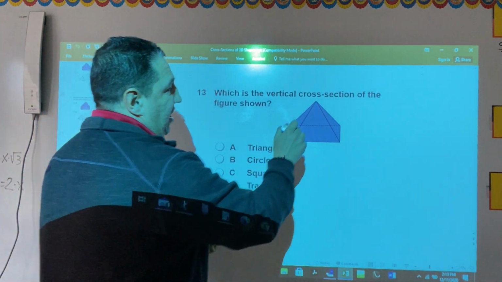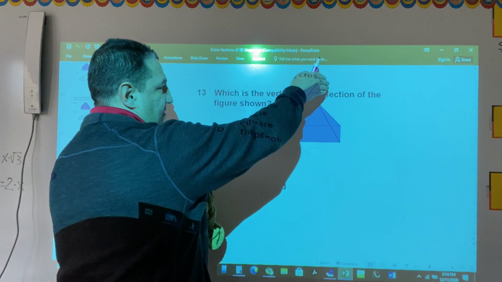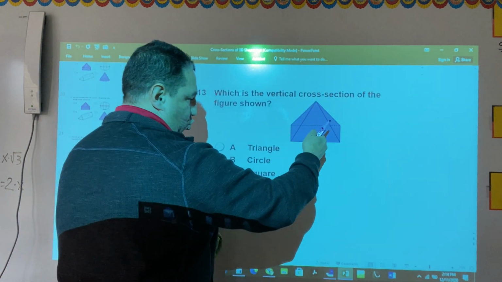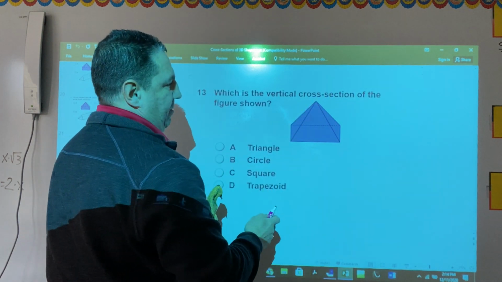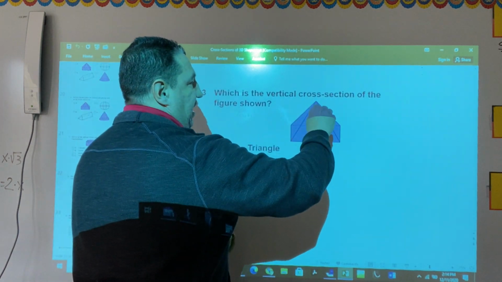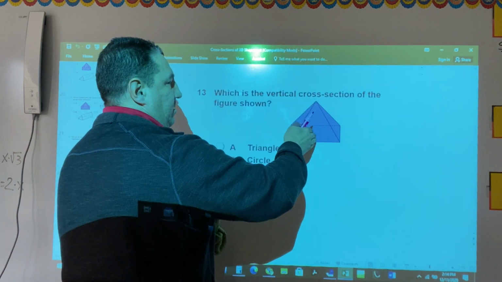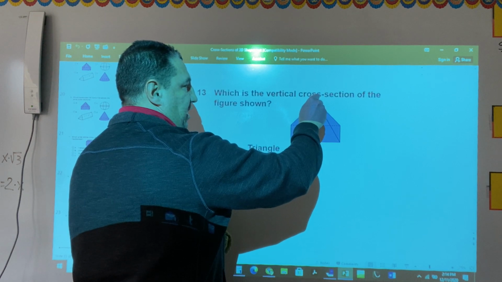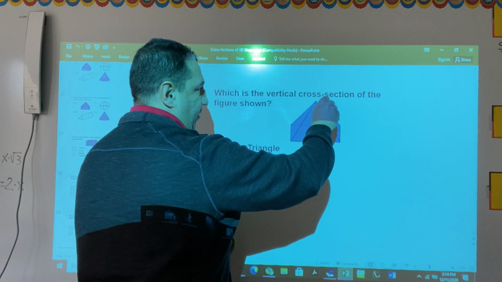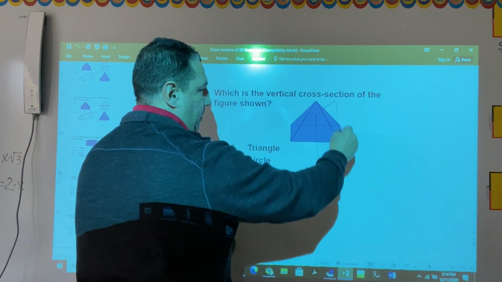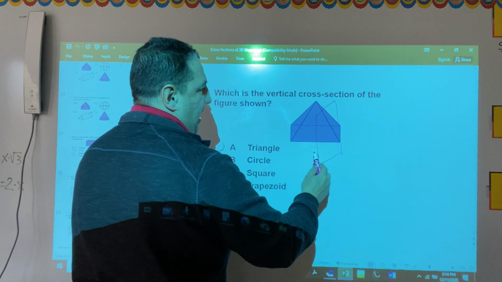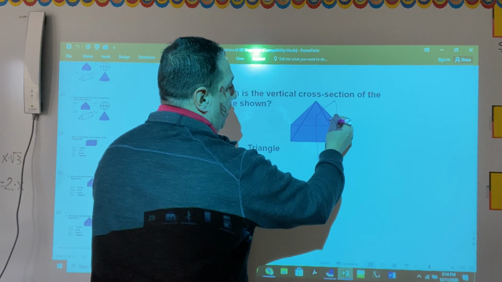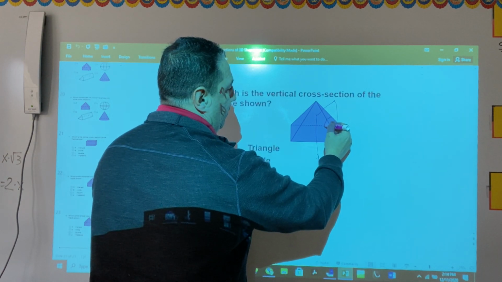Why? Because if we cut this square pyramid vertically by a plane that doesn't go through its apex, like here, the resulting shape could be a trapezoid.